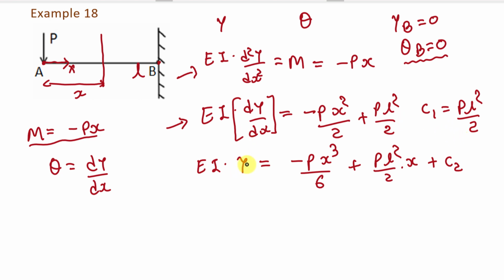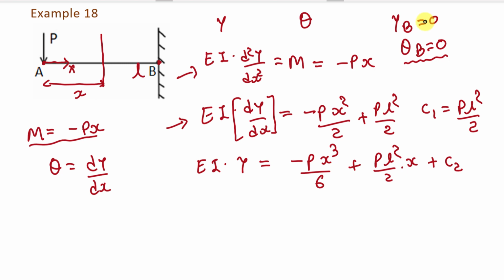Now to find the value of y, we have to find the constant C2. For that we will use another boundary condition, that is yB is equal to 0. Means at this point where x is equal to L, the value of deflection, that is yB, is 0.